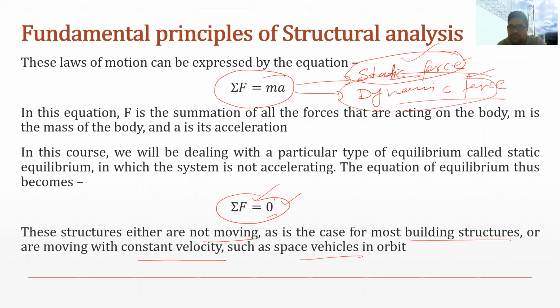This equation will also be applicable when the body is in continuous motion at constant velocity, like a space vehicle. All the satellites moving in space are moving with a constant speed, constant velocity. So in that case also we can apply this equation. We will continue this discussion in the next part. Thank you.